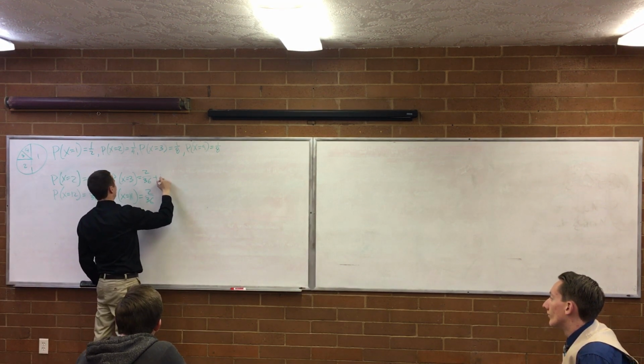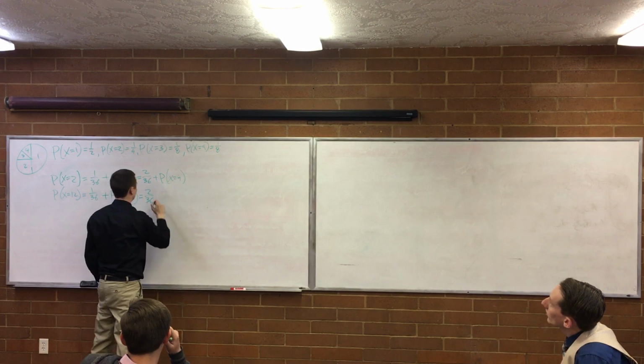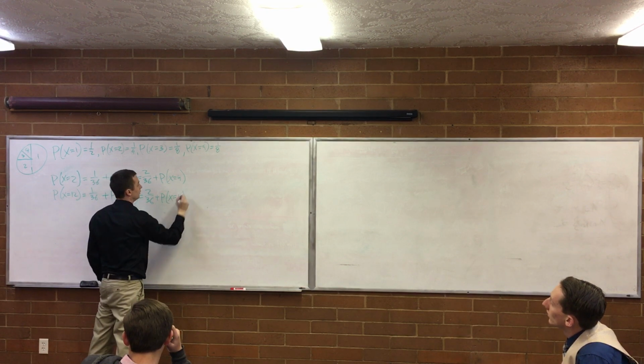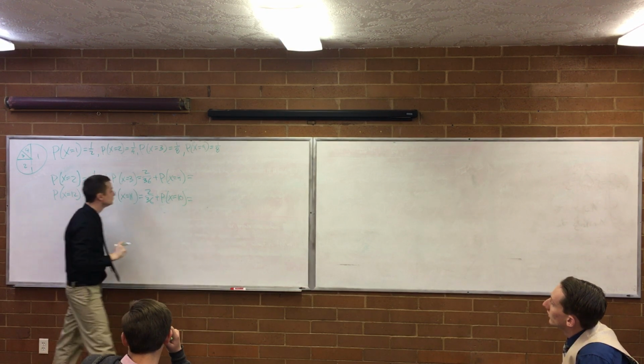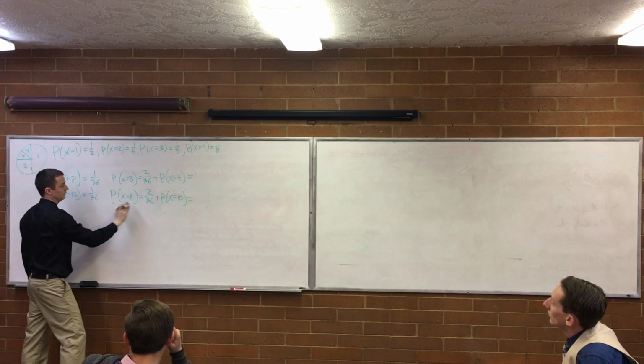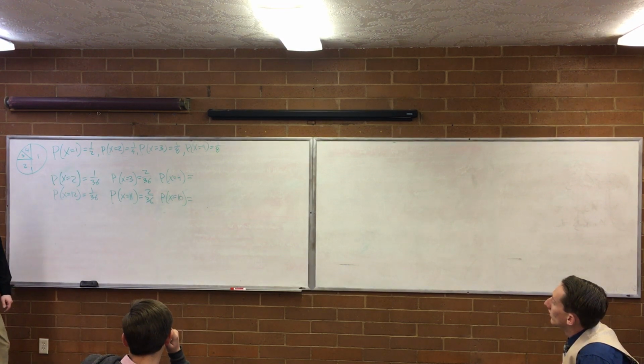Again, how many ways can we roll a 4? I don't know why I'm saying plus. We're not adding these together, we're just listing them. 3. There's 3 ways to roll 4.